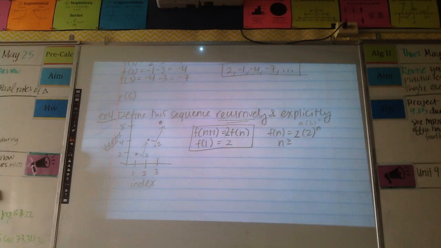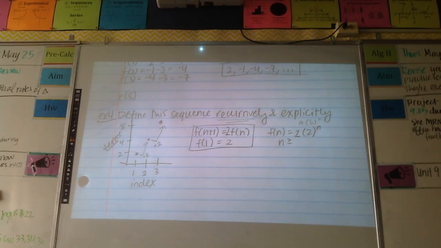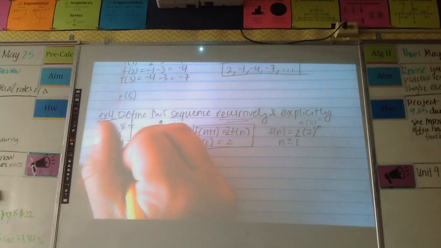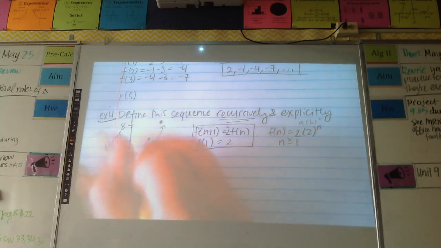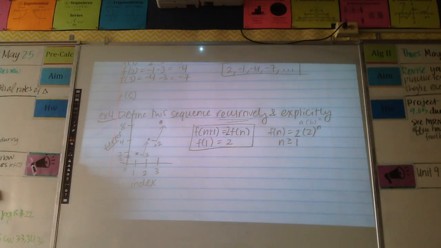And I'm starting where n is greater than, ooh, this is tricky. I want my first index to be 1, but then I'd have to think, if I went backwards in time, it would have the y value 1 if I was allowed to use the x value 0. So let's change our initial value. It would have been 1, but we're starting by substituting in 1.